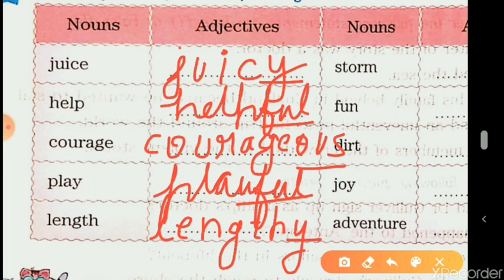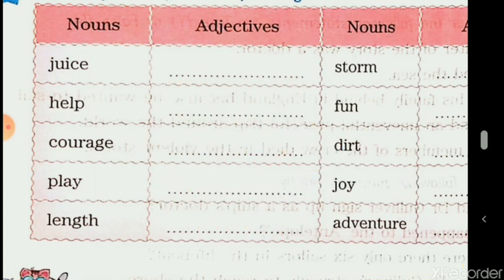In the word courage, we have added OUS at the end and the noun has changed into the adjective courageous. In the word play, we have added FUL and the word has become playful. And in the word length, we have added Y at the end, so the adjective has become lengthy.